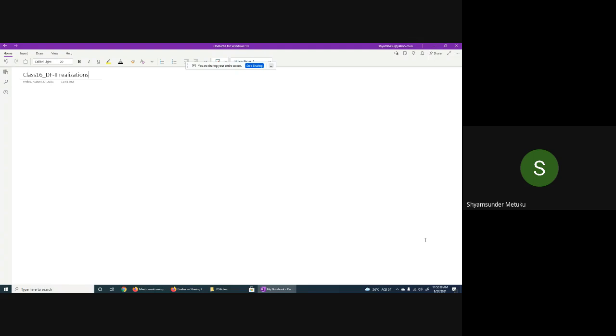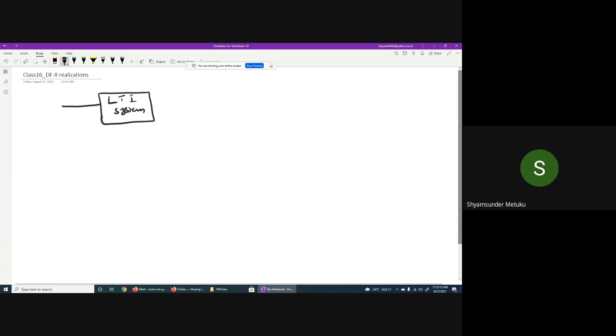So let me start the same discussion we had yesterday, where we consider a block which I call an LTI system. It could be an IIR or FIR, but if I take IIR it will be more useful for direct form 2. Direct form 2 is mostly used for IIR structures.